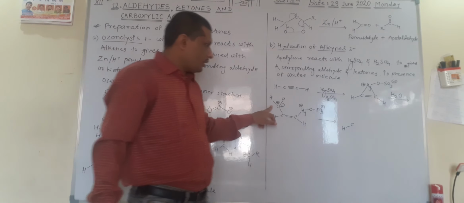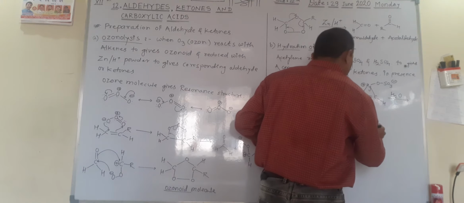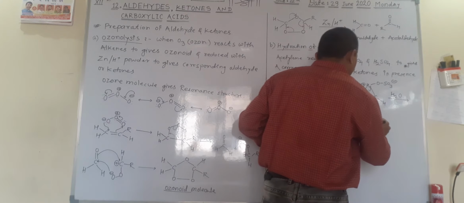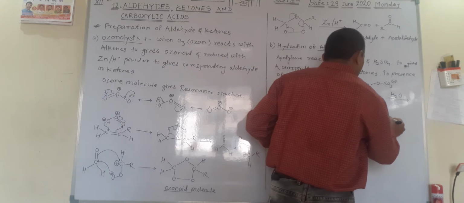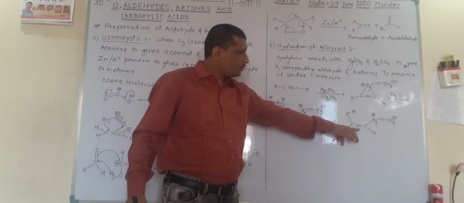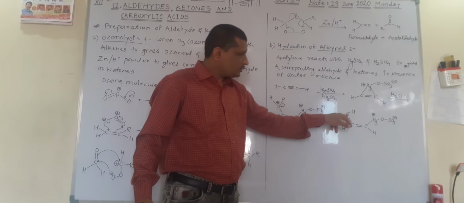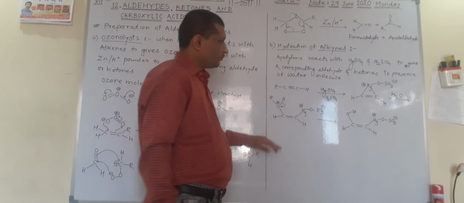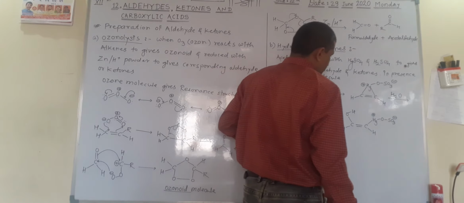and an OH bond is formed. Here is the double bond as it is, CH, Hg plus, OSO3 minus. Again, this double bond can be shifted to this C-OH bond.